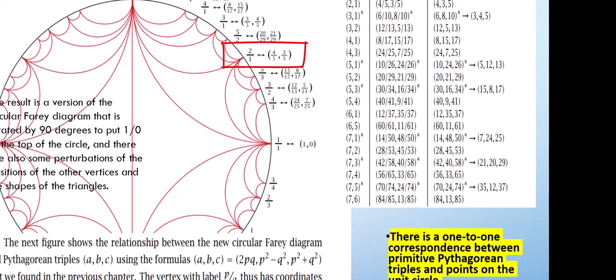This shows that in relation to the Pythagorean triple 3, 4, 5, c here is equal to 5, and the numerators 4 and 3 correspond to the values of a and b. We have here the Pythagorean triple 3, 4, 5, and this shows that there is a one-to-one correspondence between primitive Pythagorean triples and points on the unit circle.